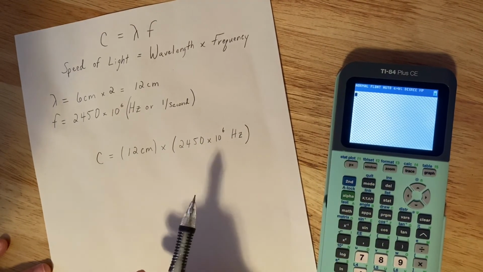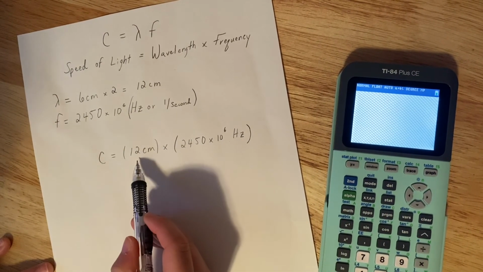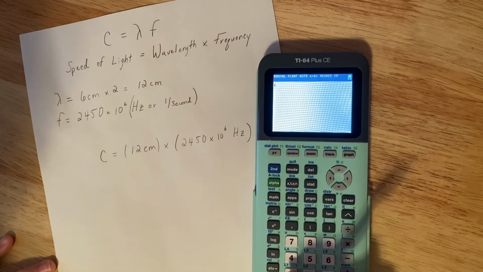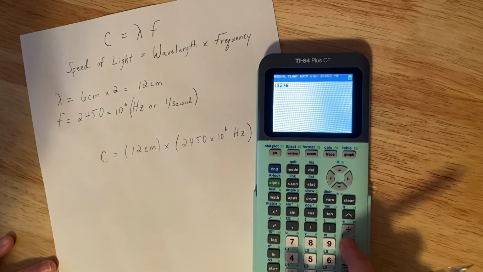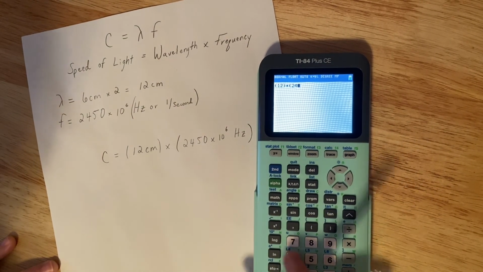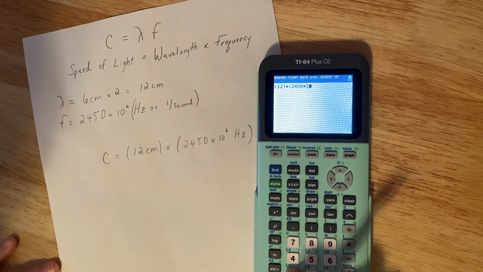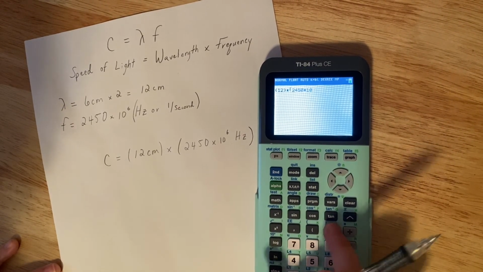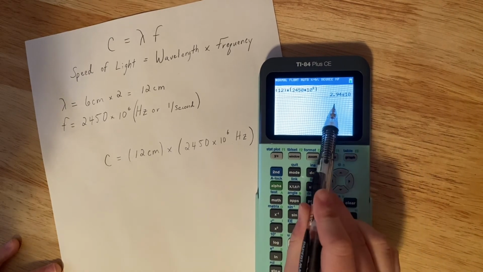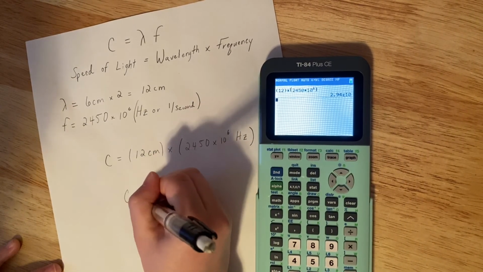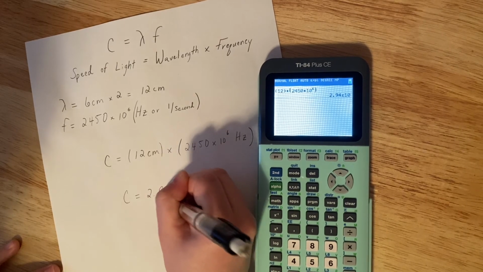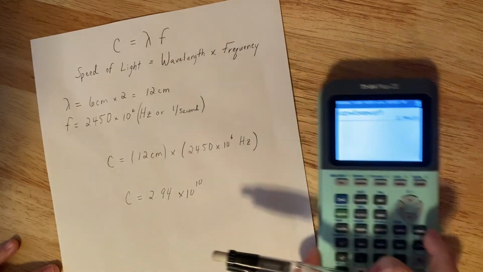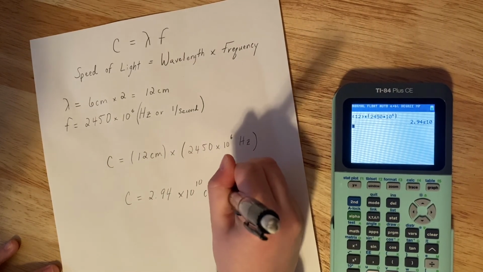So now to calculate the speed of light, all you do is multiply the wavelength by the frequency. So let me enter 12 centimeters times 2450 times 10 to the power of 6, because that's the mega prefix, which is, I got 2.94 times 10 to the power of 10 centimeters per second.